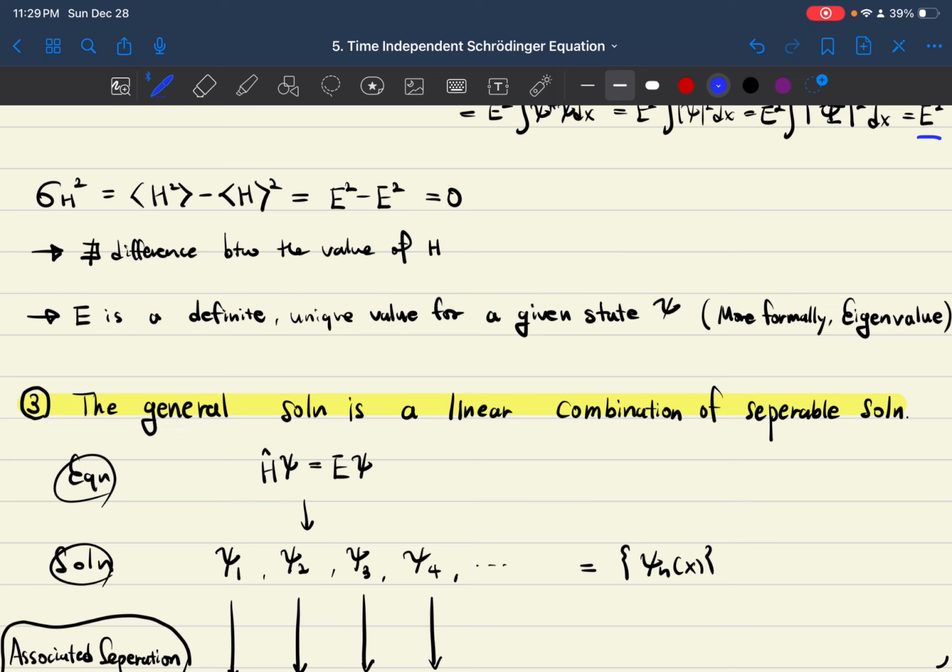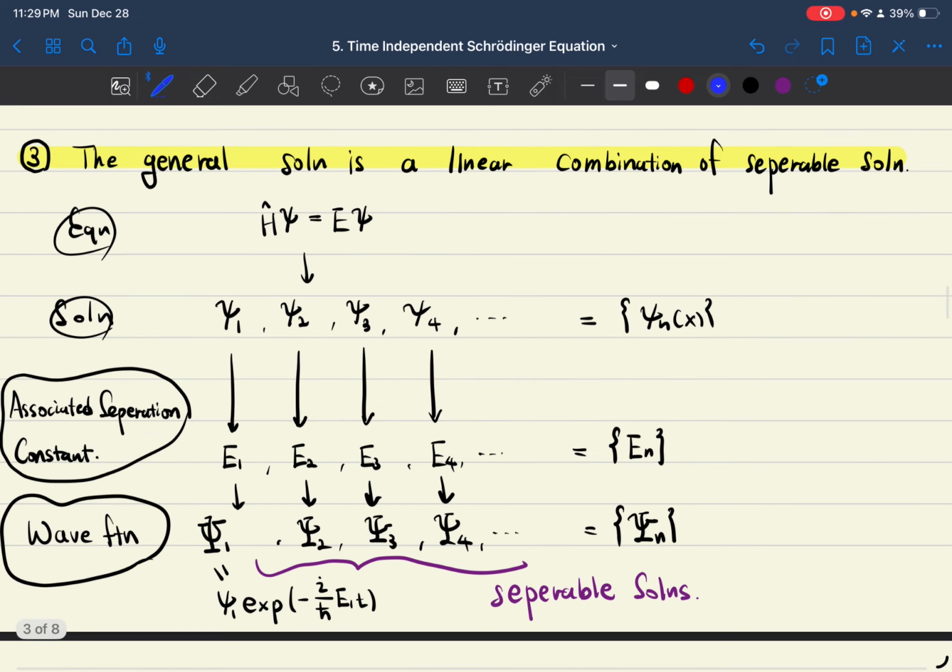We'll see that in the formalism, chapter 3 in quantum mechanics. And next, the general solution is a linear combination of separable solutions. So there's an equation, the eigenvalue problem, H hat psi equals E psi. The solution can be like this: psi 1, psi 2, psi 3, psi 4. And this is a countable set of solutions psi.